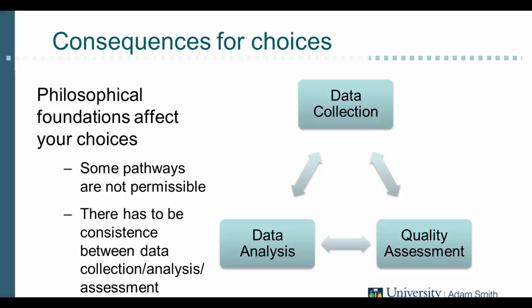Positivistic methods follow positivistic designs and techniques, and subjectivist approaches follow subjectivist methods of data assessment and collection. By non-permissible, I mean mixing and matching certain methods leads to invalid results that undermine the contribution of your study.